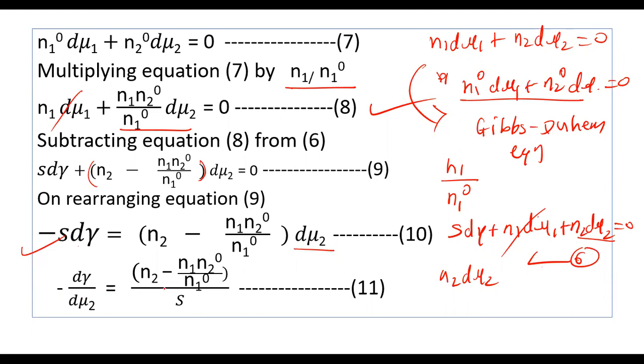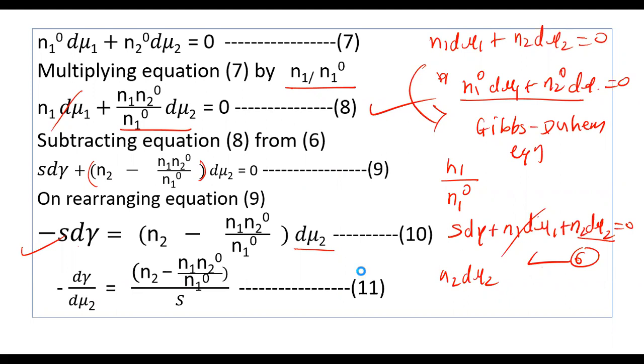We are getting this equation now. This is our equation 11: d gamma upon d mu2 has the minus sign here, so minus d gamma upon d mu2 is equal to this.